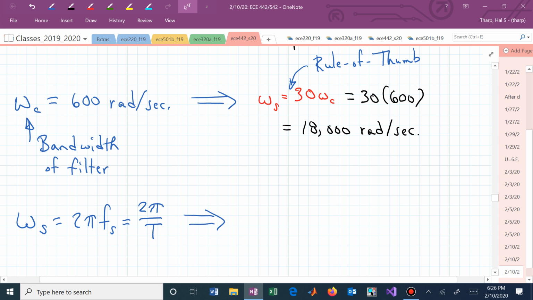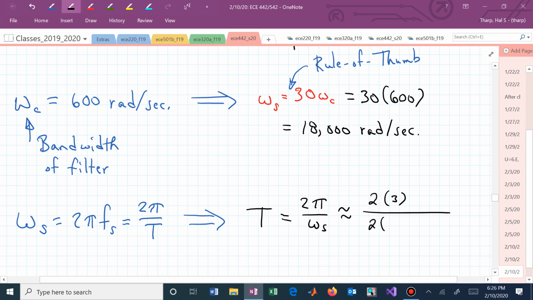Now we can solve that for T. T is now equal to 2 pi over omega sub s. And we already approximated omega c, so let's do the same kind of approximation here so that we are consistent. We approximated pi with 3 because here for omega sub s we had 18,000.